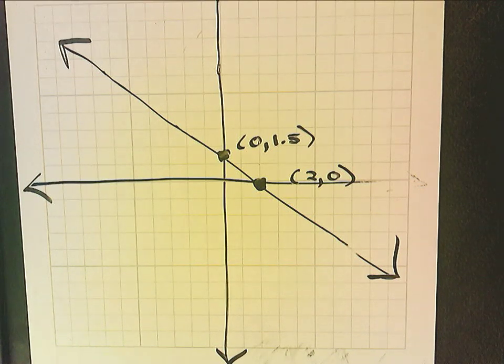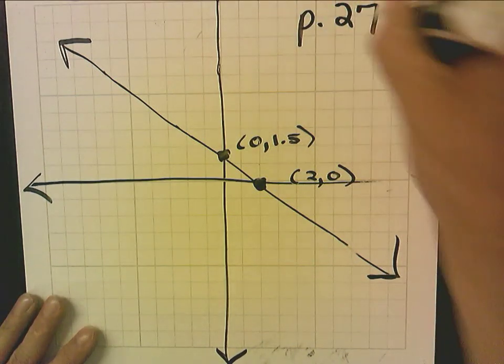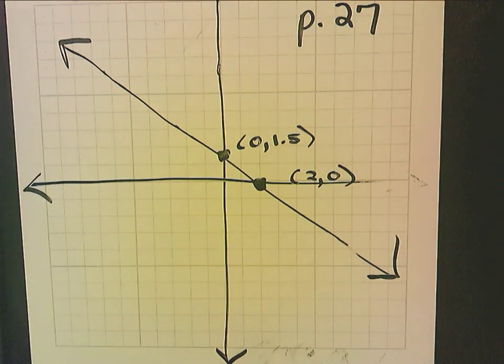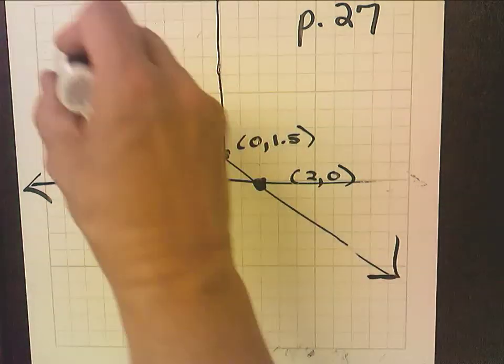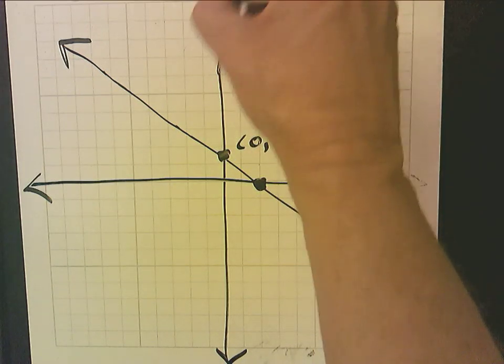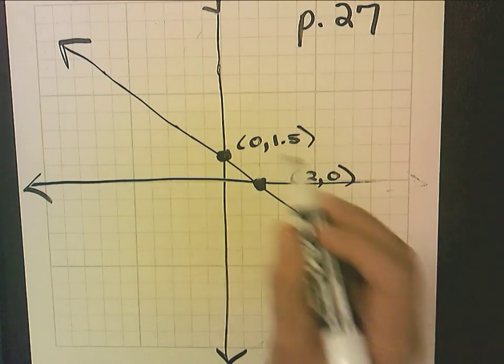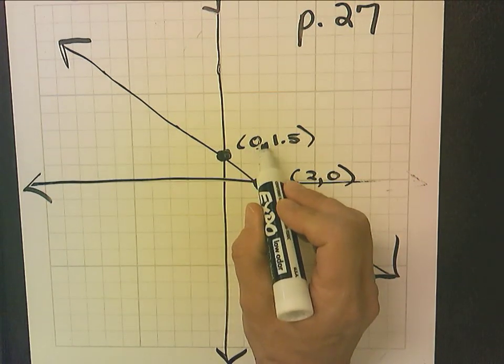Okay, if you look at page 27, you will see a graph. Now, notice that where our line crosses the y-axis is the y-intercept, and the x value is 0.